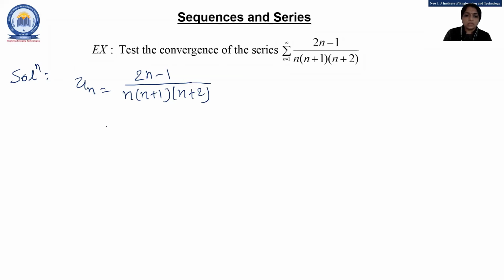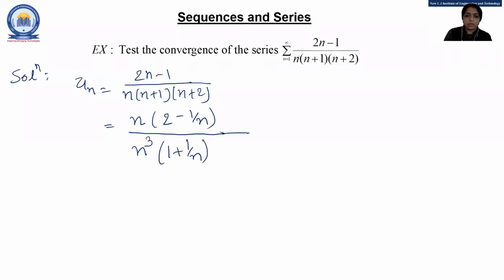If I keep n common from the numerator, then I have 2 minus 1 by n. And from the denominator, if I keep n common from the first bracket and n common from the second bracket, then I have n cube, (1 plus 1 by n) and (1 plus 2 by n).